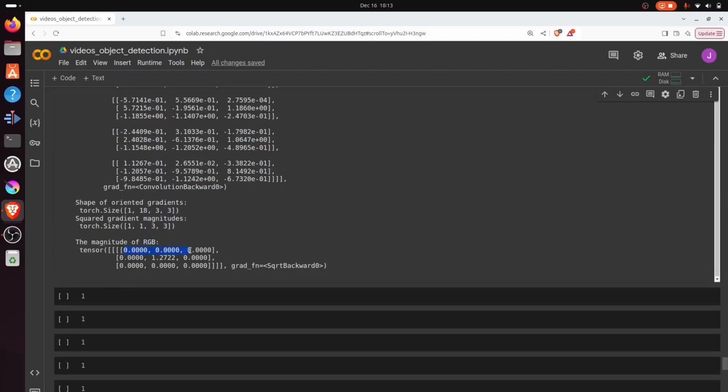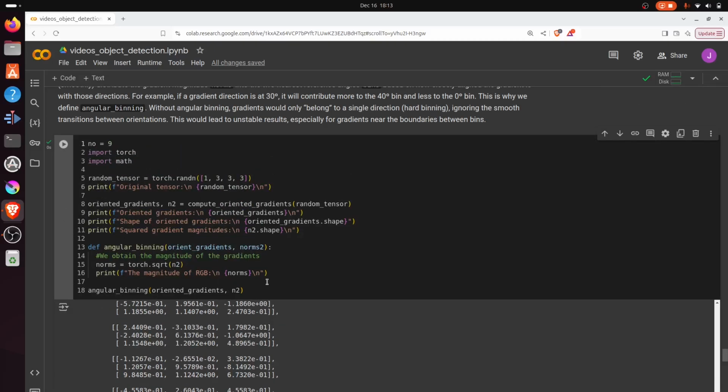Remember that we have all these zeros because we applied the filtering of the gradients on the margins of the pixel of the image, right? And remember that we're dealing with the very simple case of a 3x3 image, so that is why we get just one value that is non-zero. So that is the magnitude of the RGB.